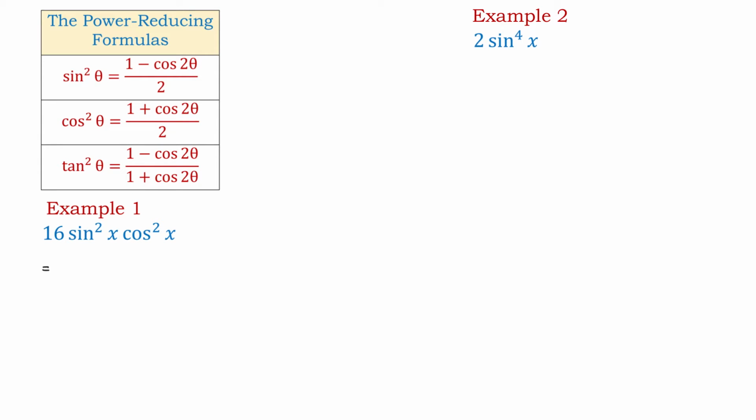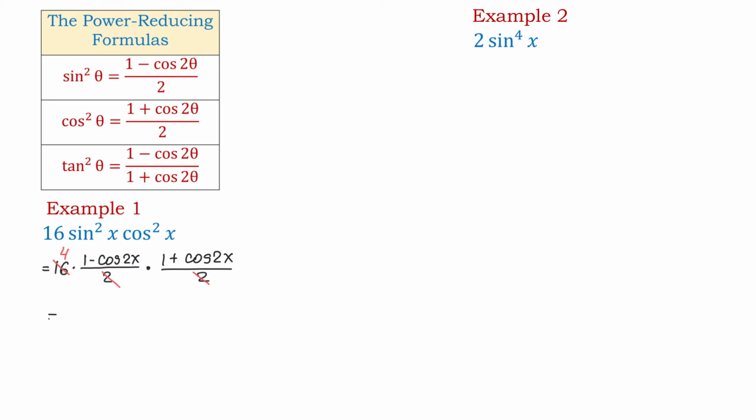So we will write 16 times fraction 1 minus cosine of 2x over 2 times 1 plus cosine of 2x over 2. In the denominator, 2 times 2 is 4, and 16 divided by 4 will be 4. So we will cross 2, and in place of 16, we will write 4.